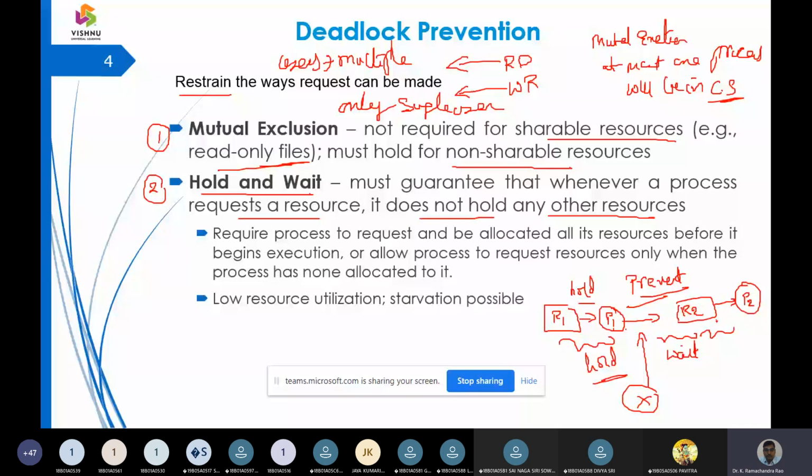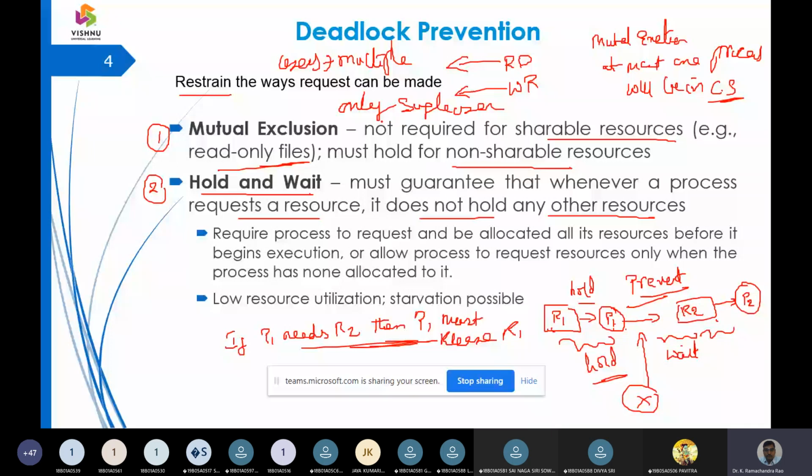If P1 needs R2, then P1 must release R1. So this is how prevention is going to act over one of the deadlock characteristics.